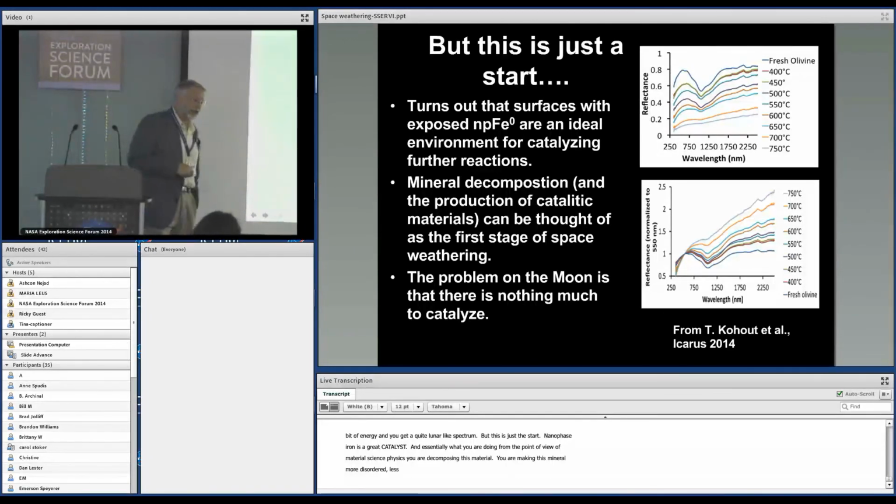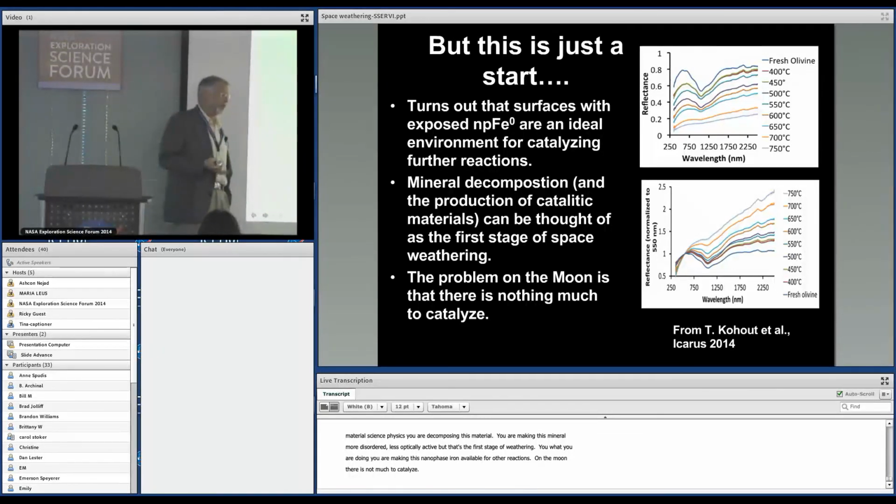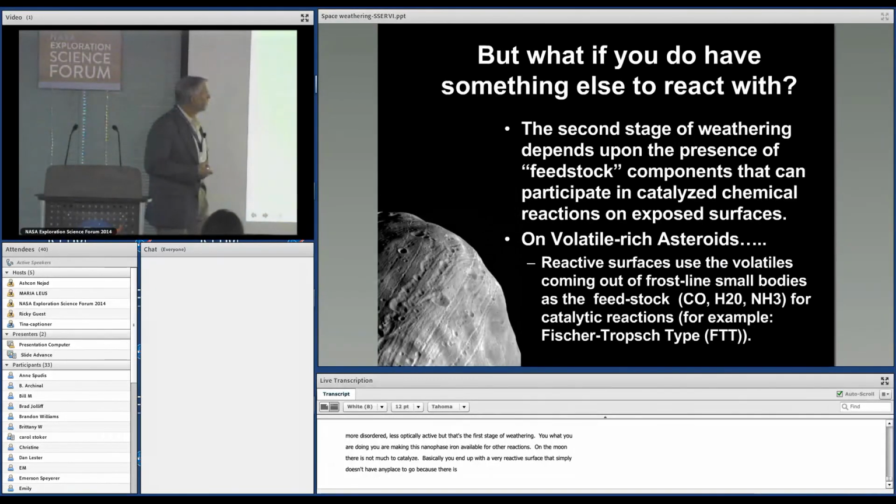But that's really a first stage of weathering, because then you're making this nanophase iron available for other reactions. On the moon, there's not much to catalyze. Basically, you end up with a very reactive surface that chemically doesn't have any place to go because there's very little to react with. But what if you have something to react with?